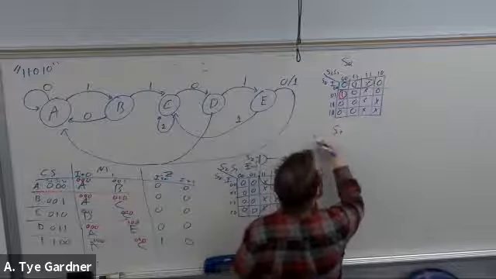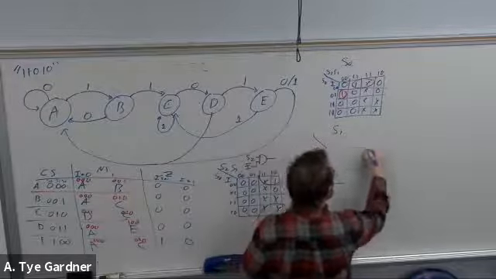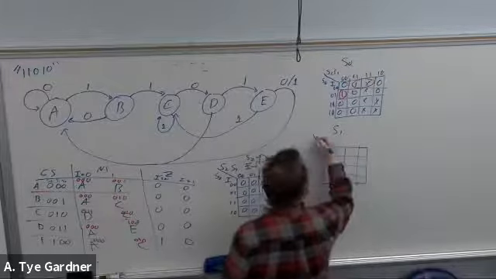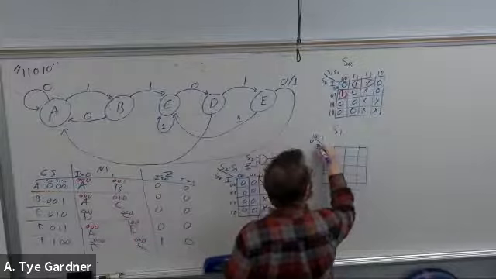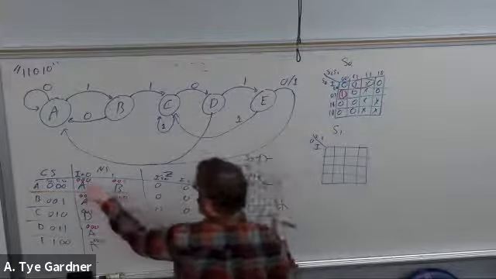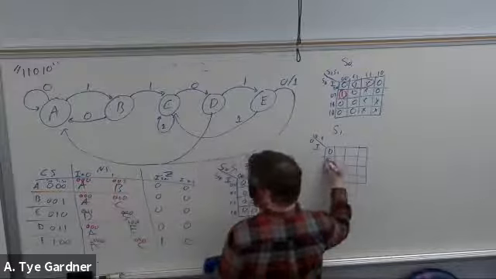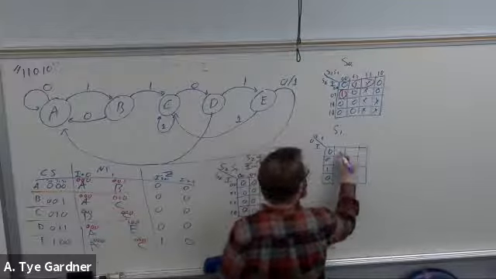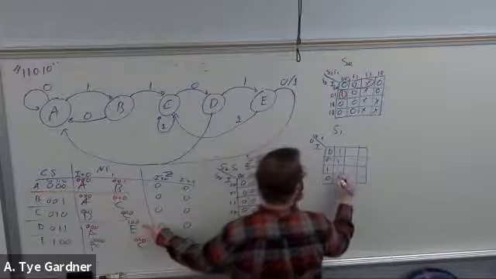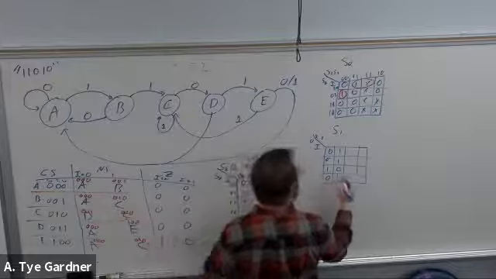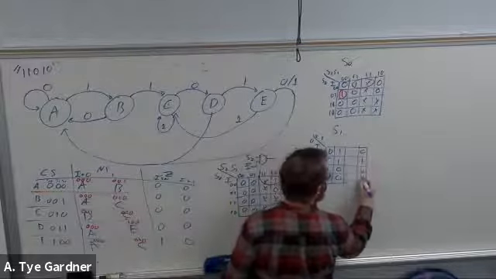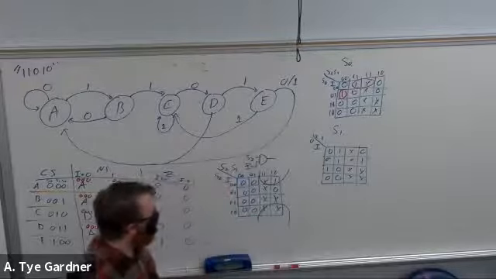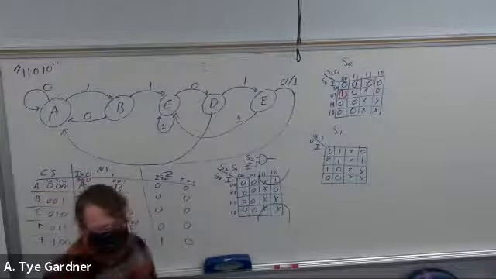And for S1, we do the same thing. And we just follow along. I already know the pattern. So 0, 0, 0, 1, 1, 1, 0, 0, 0, 1. Right.